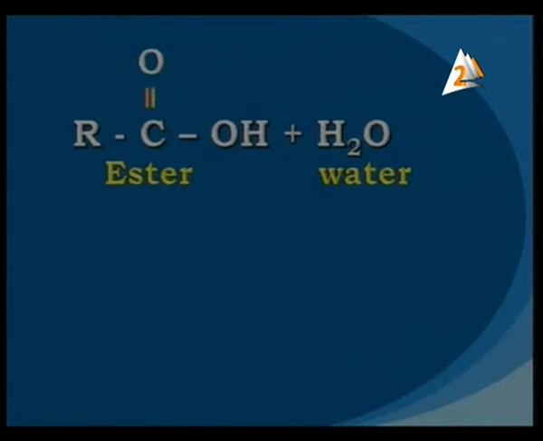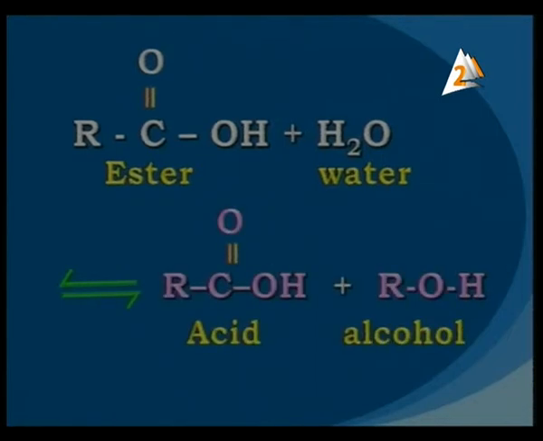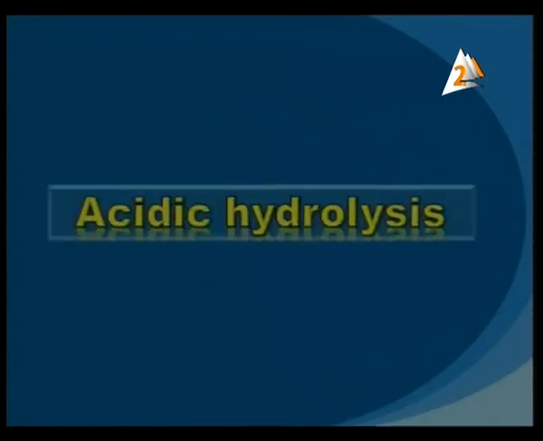Ester plus water gives the acid plus alcohol. This is a reversible reaction, so acid and alcohol are formed again. We know acid plus alcohol equals ester plus water, and ester plus water equals acid and alcohol. It's vice versa.